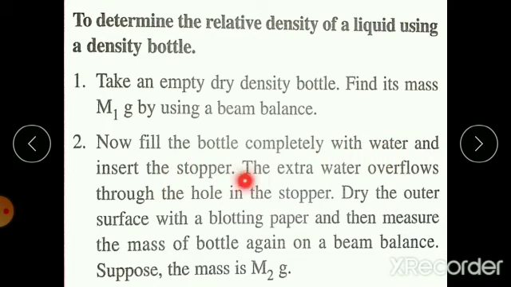When you are inserting the stopper, the extra water overflows through the hole in the stopper. Then dry the outer surface with blotting paper and measure the mass of the bottle again on a beam balance. So the mass will be m2 grams.